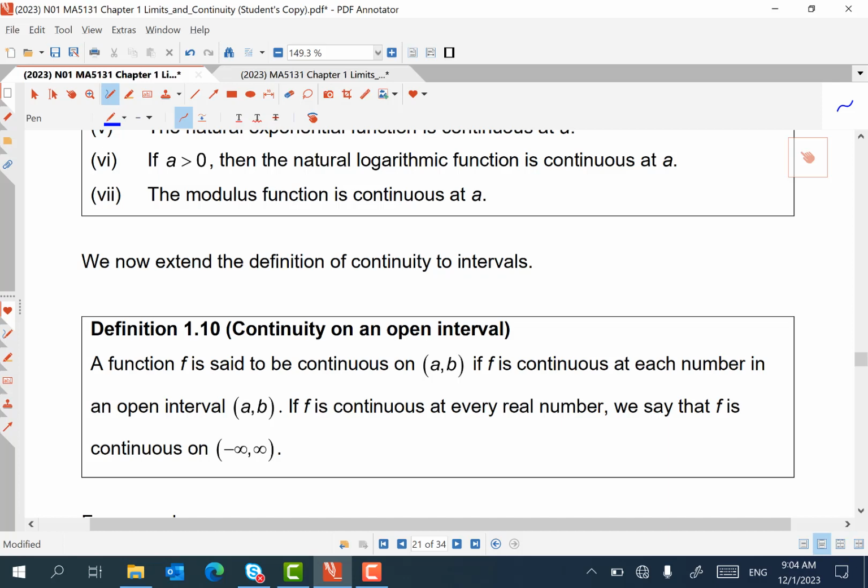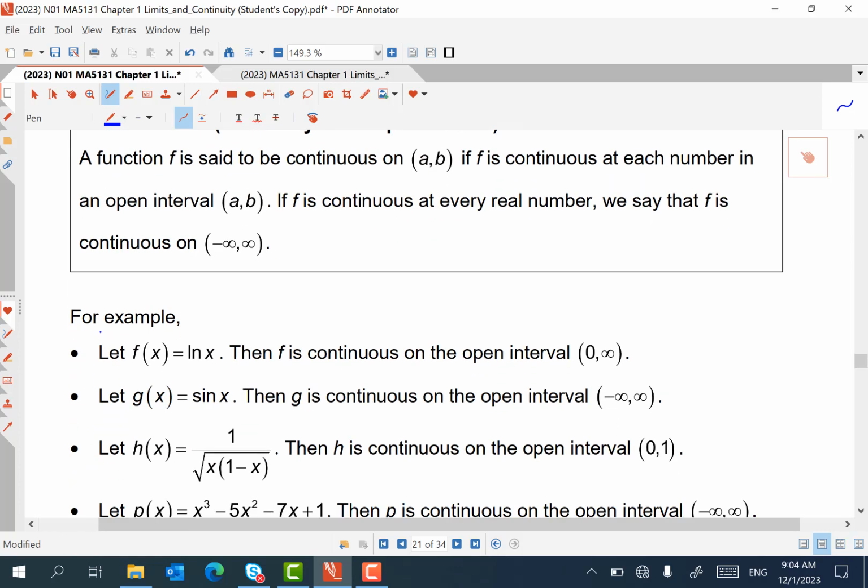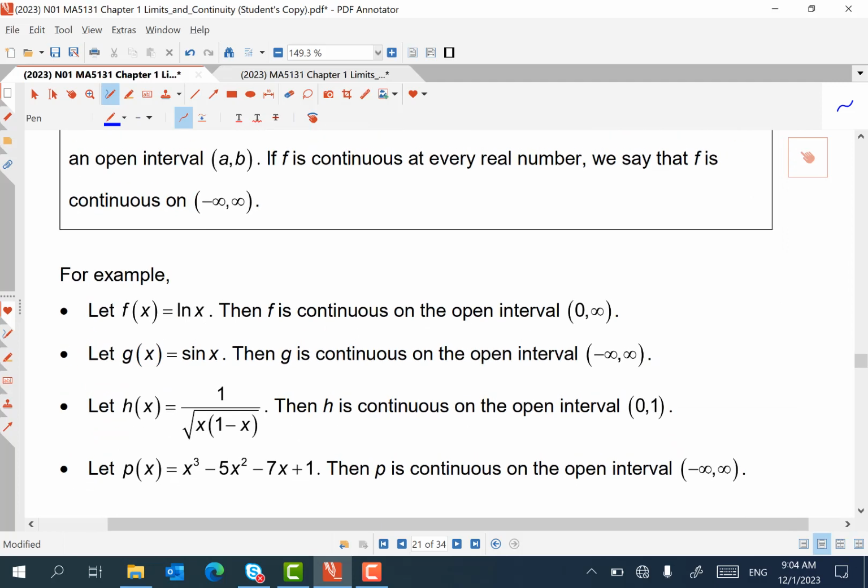Continuity on an open interval is not too bad, it's quite easy to comprehend, because it means it is continuous at every point on the interval. The problem comes when we talk about another thing later. So let's look at this one first. For example, these are the open intervals. These are examples of functions which are continuous on the open interval.